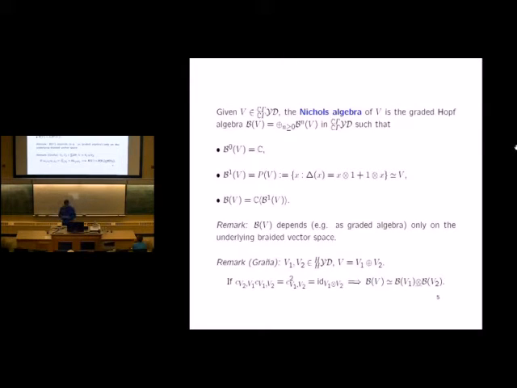So if this happens, then the Nichols algebra of V turns out to be the tensor product in the braided sense of the algebras B of V1 and B of V2. Therefore, the problem is when this does not happen, when C squared restricted to V1 tensor V2 is not the identity.